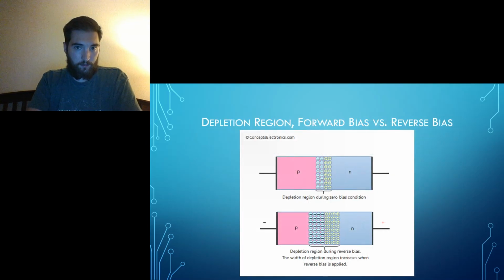So talking about 331 concepts a little bit, how a diode works: a diode consists of 2 sides that are positive and negative charges.